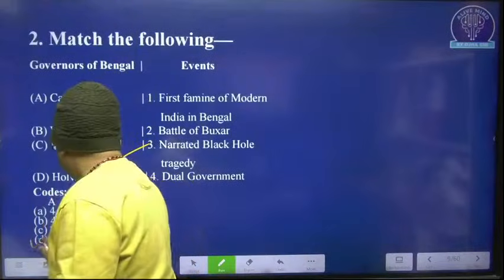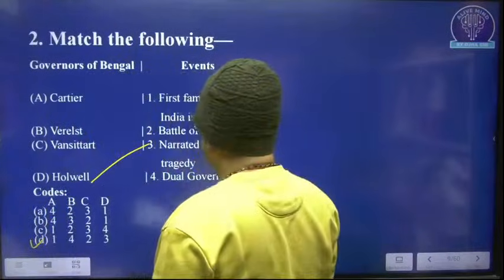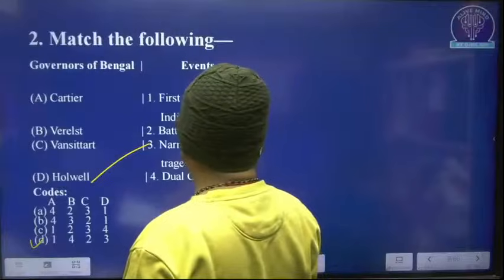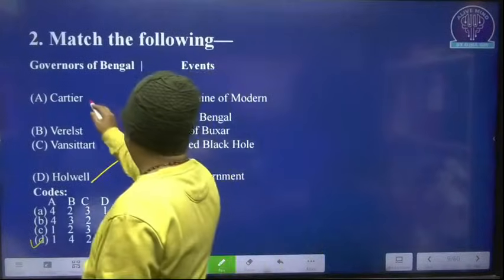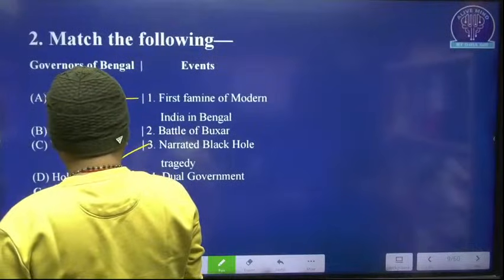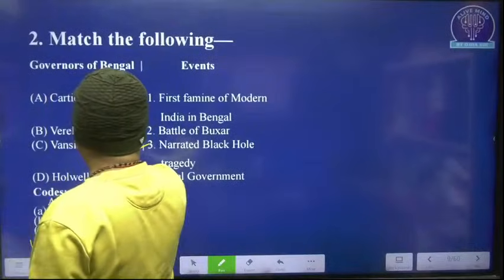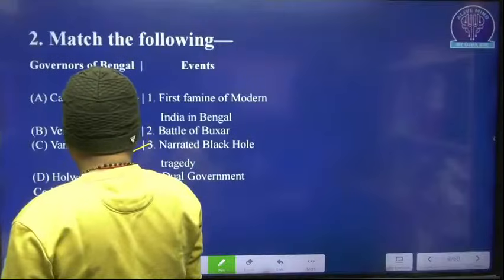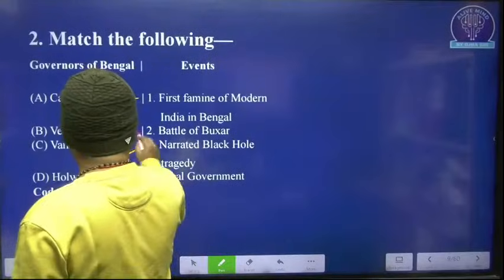D3. 1A1, first famine of modern India, Cartier. Verelst, dual government. Vansittart, Battle of Buxar.